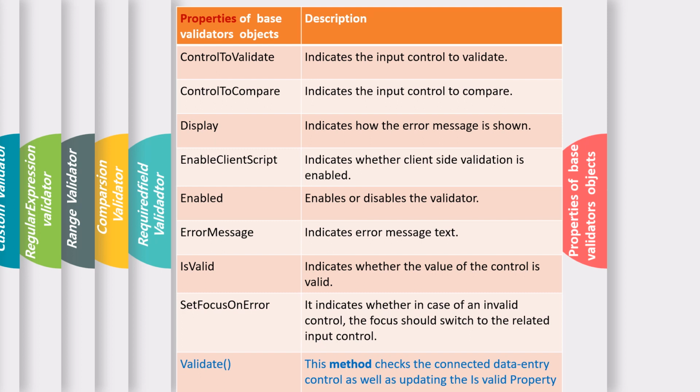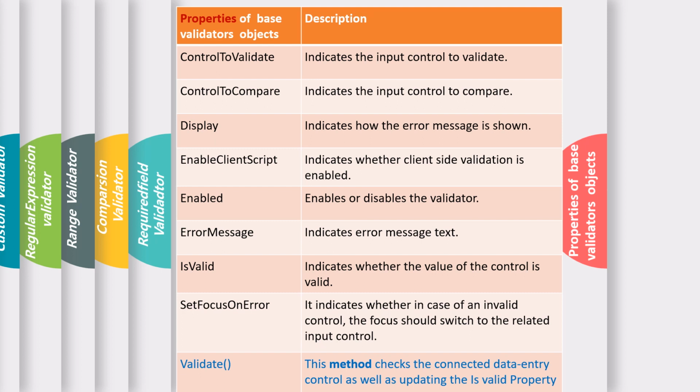Display specifies how the error message is to be shown. Next is enable client script, which indicates whether the client side validation is enabled, and enabled, which enables or disables the validator, and error message, which shows the actual error message.